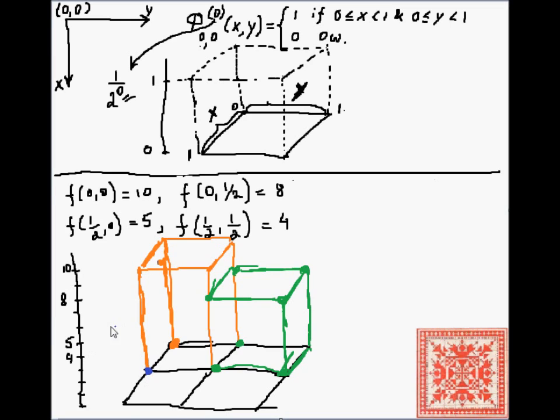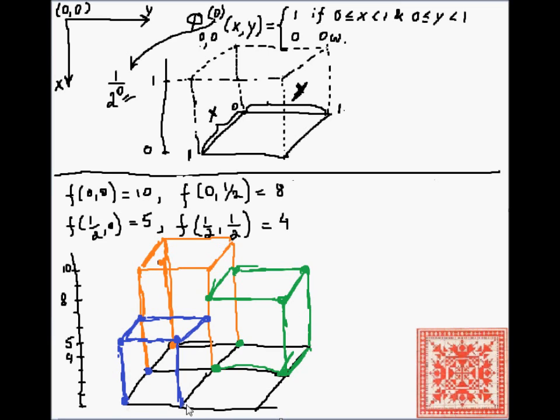And then at x equal to 1/2 and y equal to 0, f of 1 over 2 and 0 is equal to 5, so this cube is going to have height of 5.